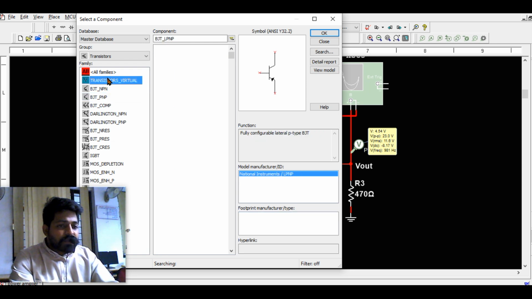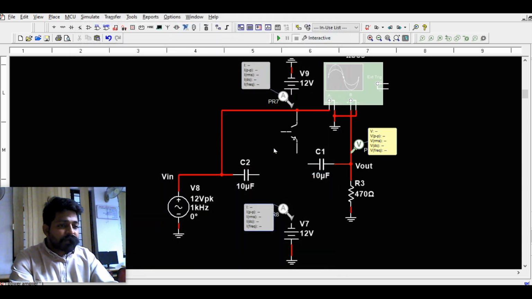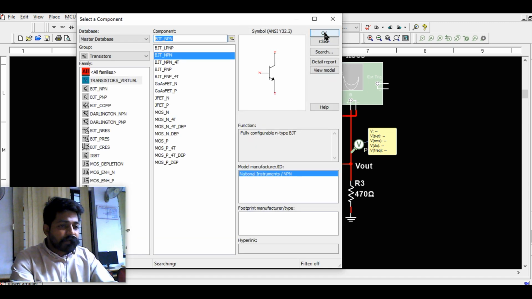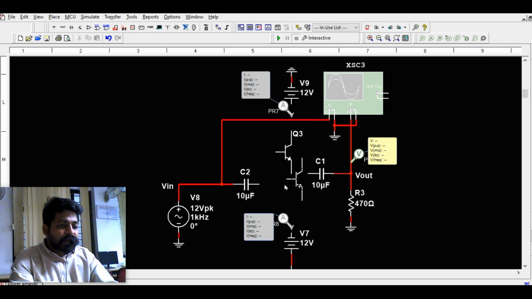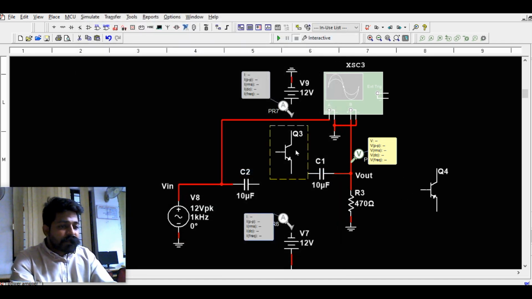I'll take the NPN transistor and do the connections over here as it is. I'll keep my NPN transistor over here, and in a similar fashion I will take the PNP transistor and keep it over here. So I do the connections over here.